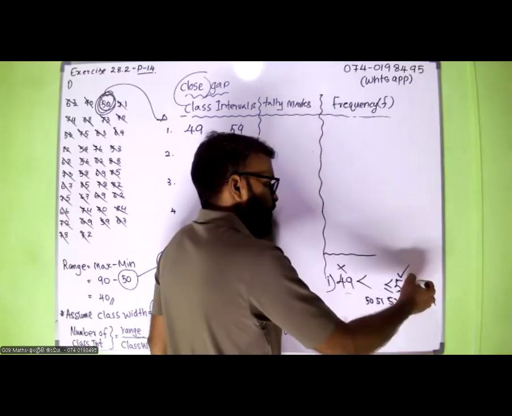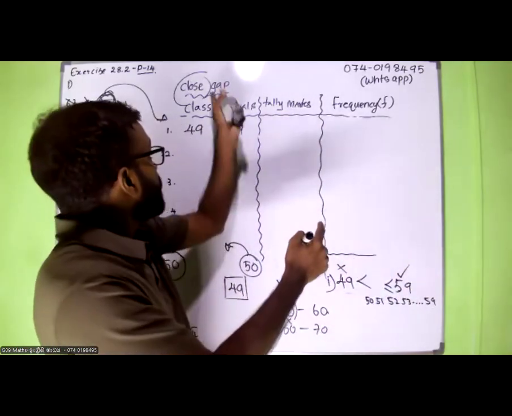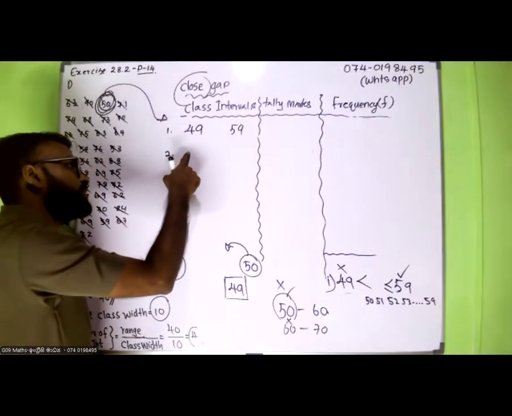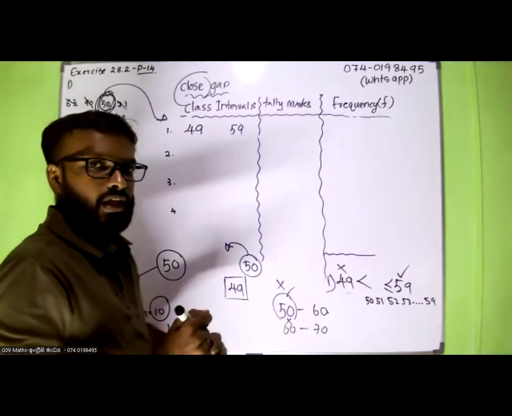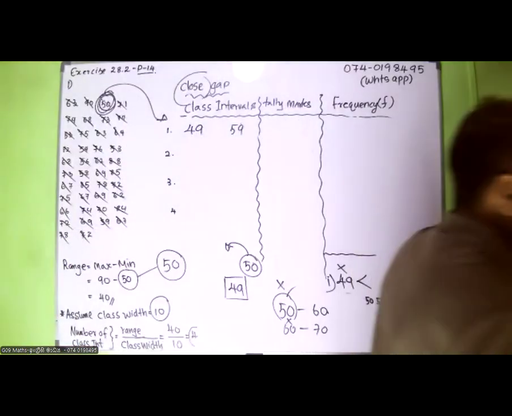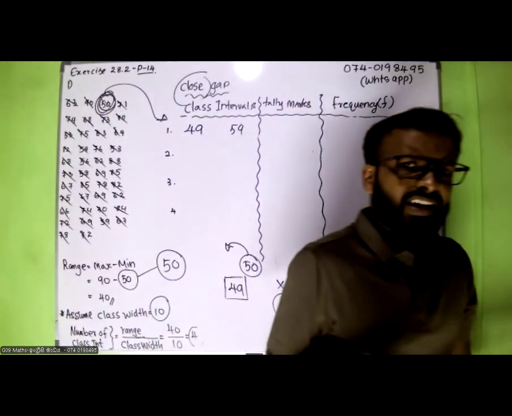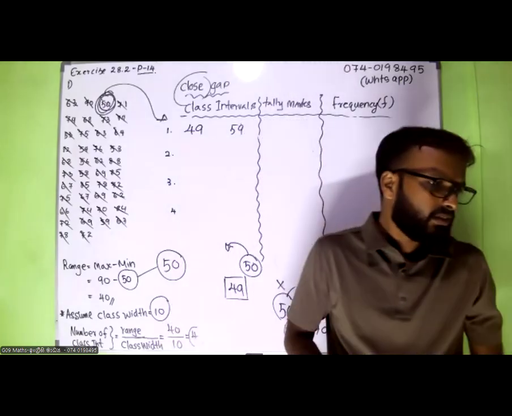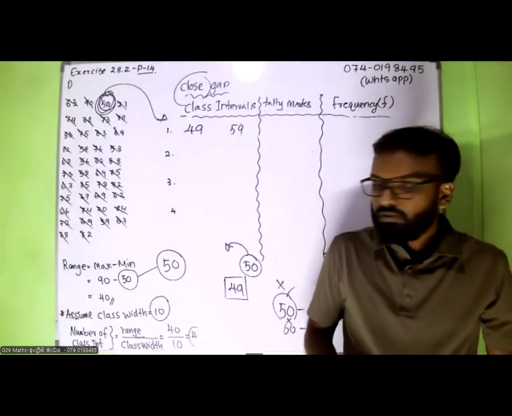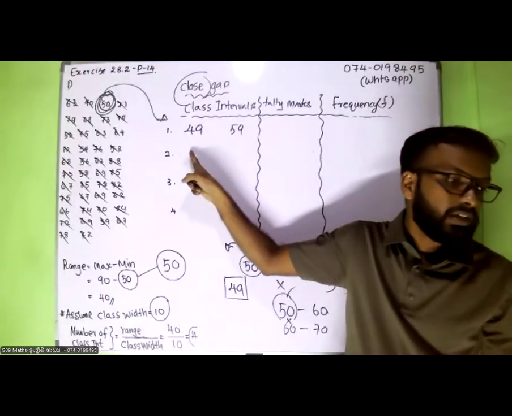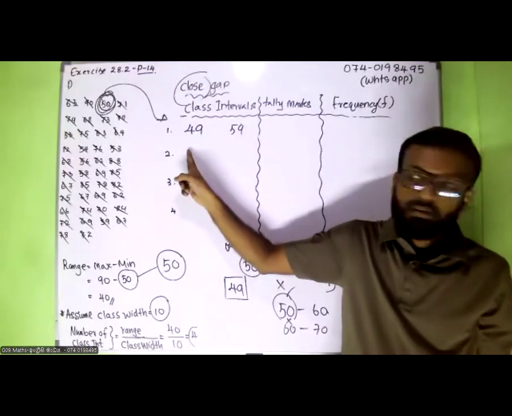If this is the first class interval of the closed gap, what could be the starting point of the second class interval? Can anyone say? Let us go again. Closed gap now: second class interval starting point 59.